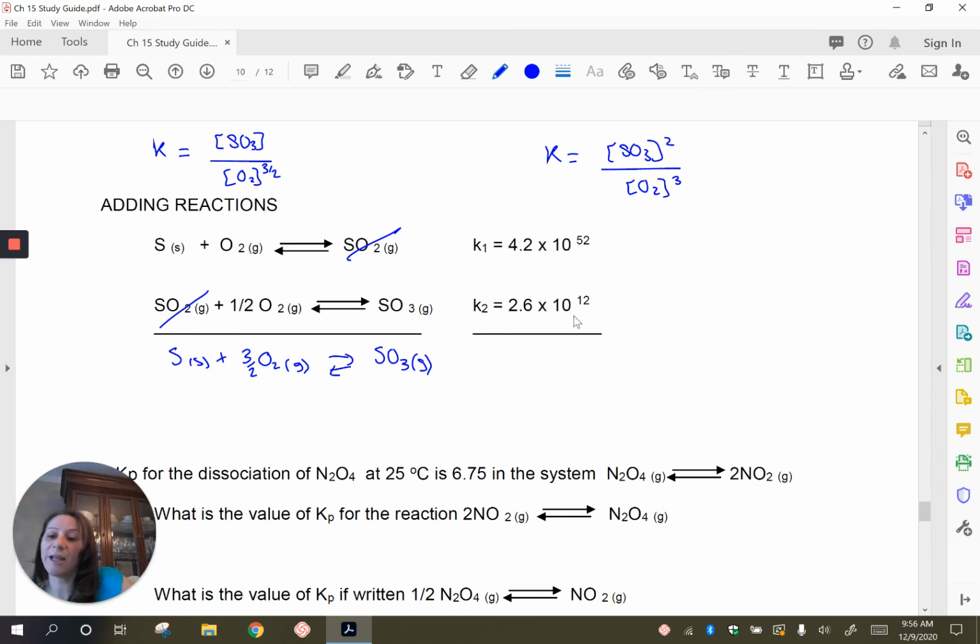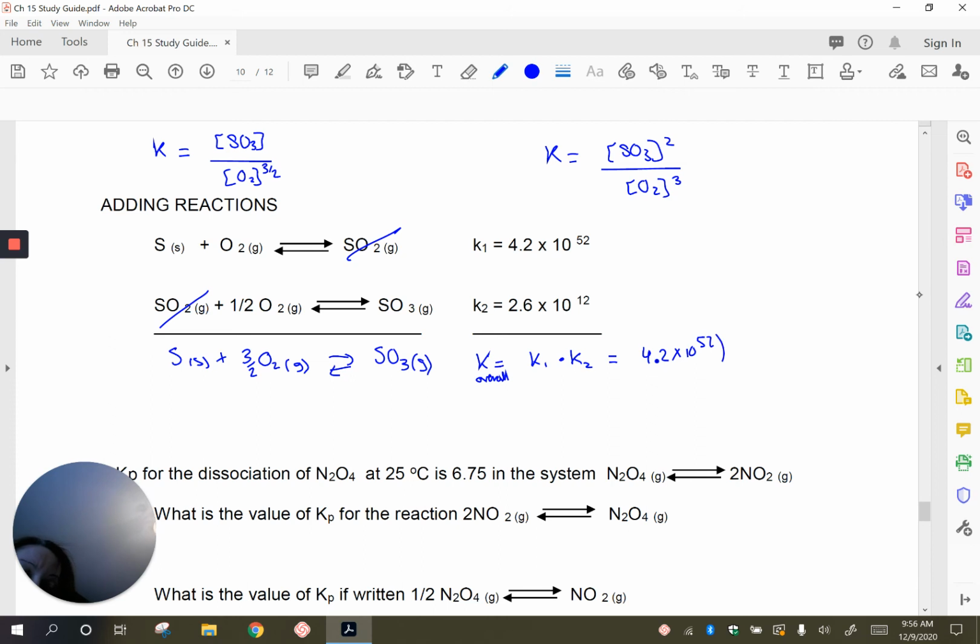So then what do I do to my K's? Well, remember, whatever it is you do to the reaction, you do to the powers of K. So when you add powers, that means you multiply the values, right? So K for this overall reaction would be K1 times K2. So 4.2 times 10 to the 52nd.